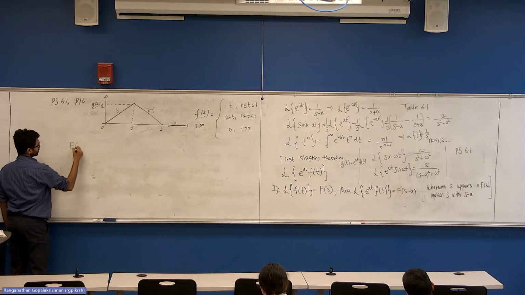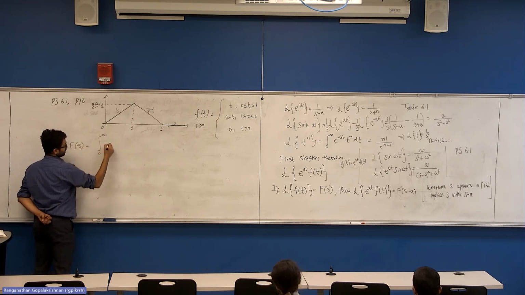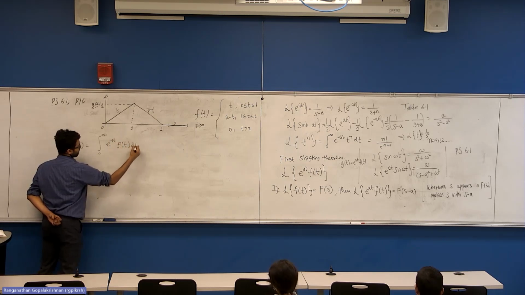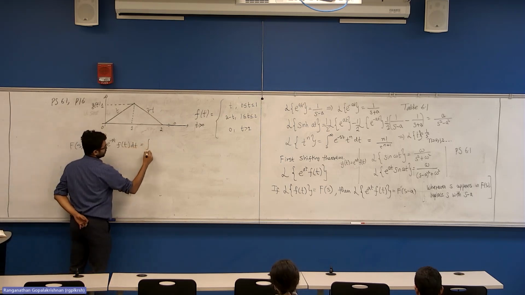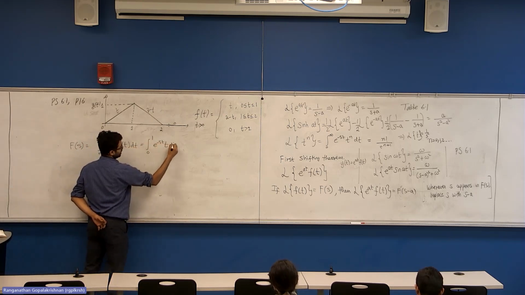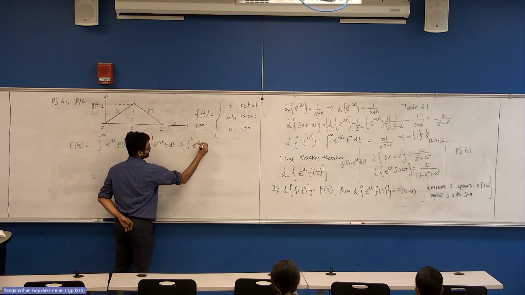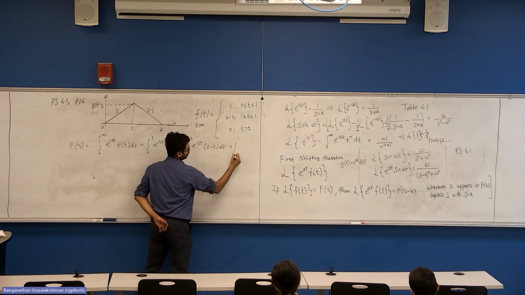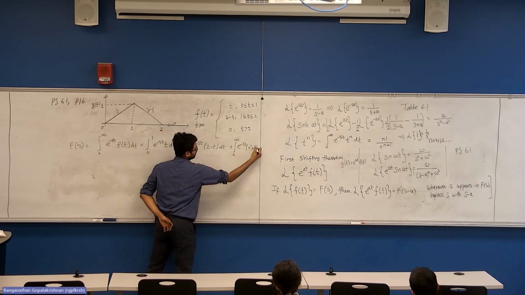So F of s, which is the Laplace transform, is the integral from 0 to infinity of e to the power minus st f of t dt. So this will be the integral from 0 to 1 of e to the power minus st times t dt, plus the integral from 1 to 2 of e to the power minus st times 2 minus t dt, plus the integral from 2 to infinity of e to the power minus st times 0 dt.